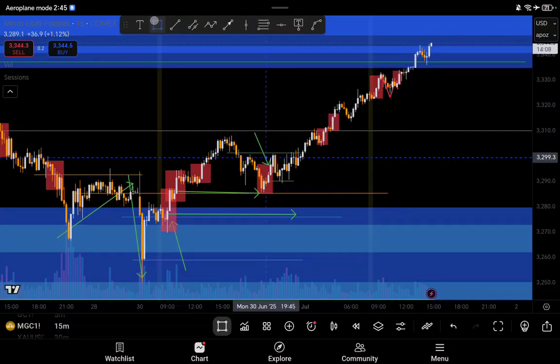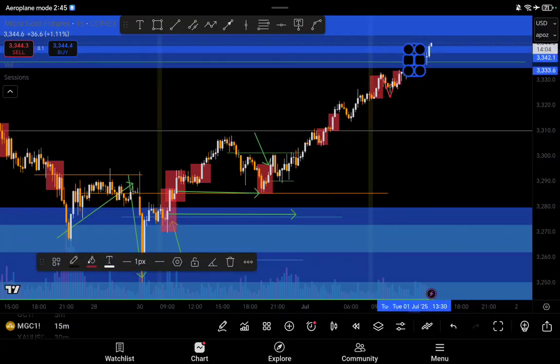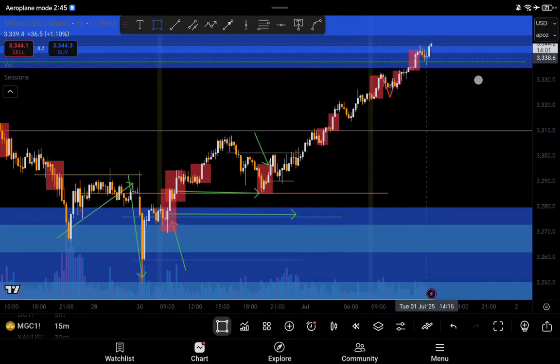Okay, no sell, there's no sell at all, no seller, and then buy, and then buy. Okay, so far there's no sell at all.